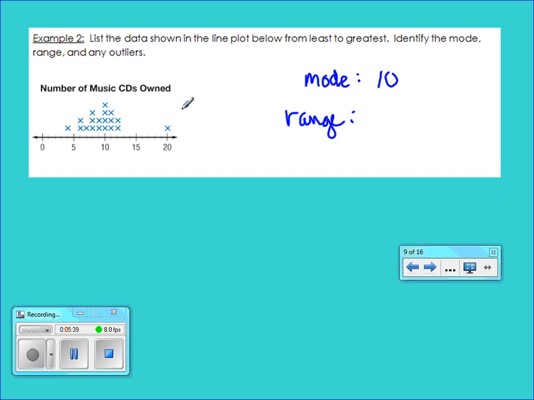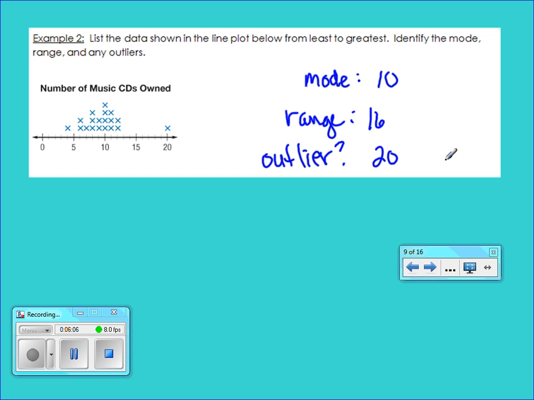Between 4 and 20. So our range is 16. And then is there an outlier, or more than one outlier? 20 is an outlier. It's really separated from the rest of this data. I would not call this 4 over here an outlier because it's pretty close to the rest of the data. But 20 is separated out, so I would call 20 an outlier.